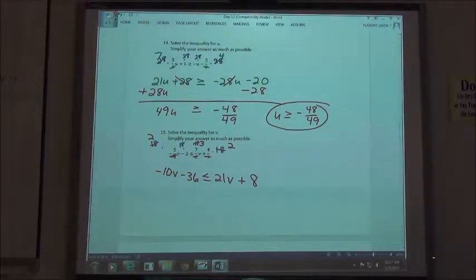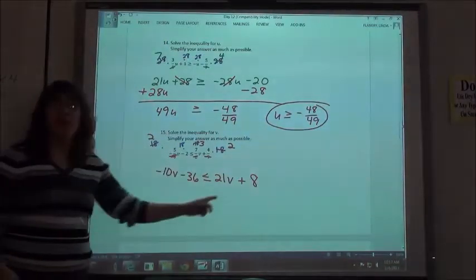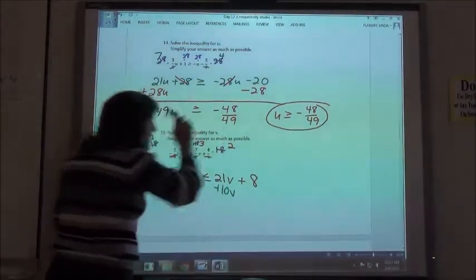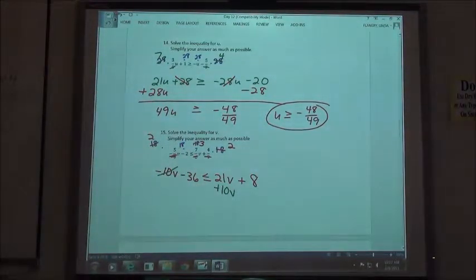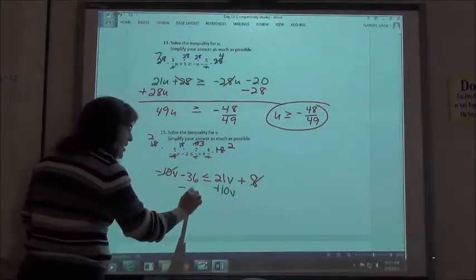What's the next thing you might want to do to solve that for v? Add the 10v. She doesn't want to have that negative, so she's going to move that over and add the 10v, which means she's also going to minus the 8 to move it to the other side.